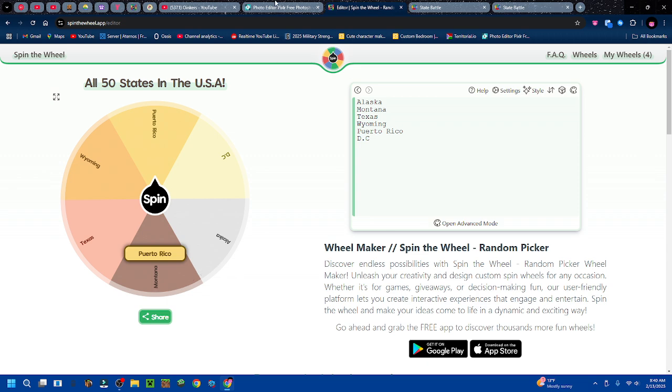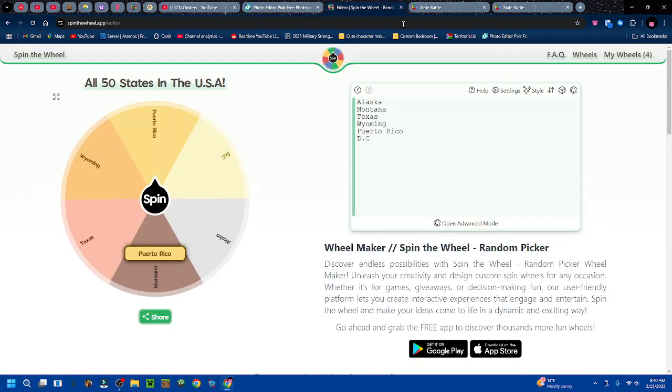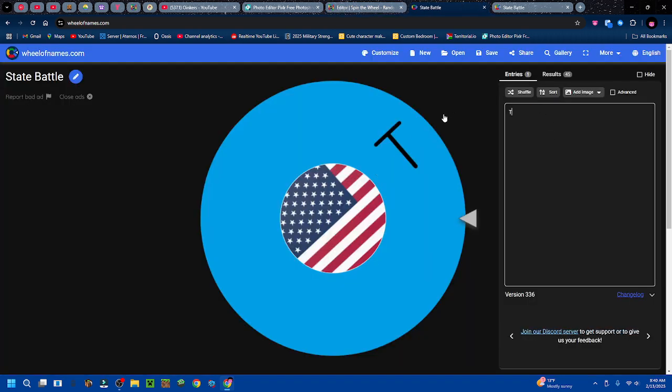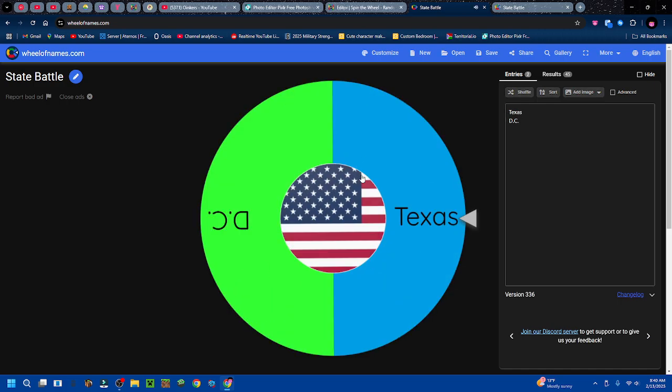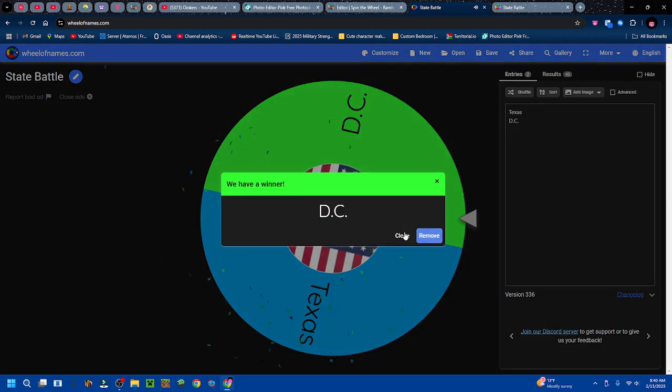Oh, freak. But is Puerto Rico going up next? They could attack DC or Texas. Looks like they're going to be going after DC, which is probably a better choice.